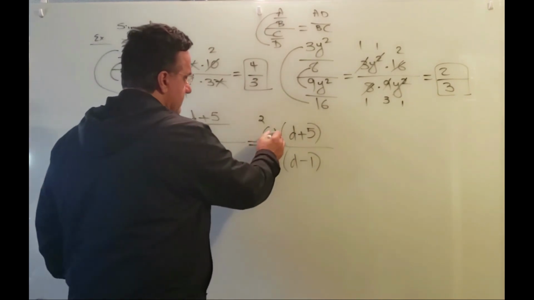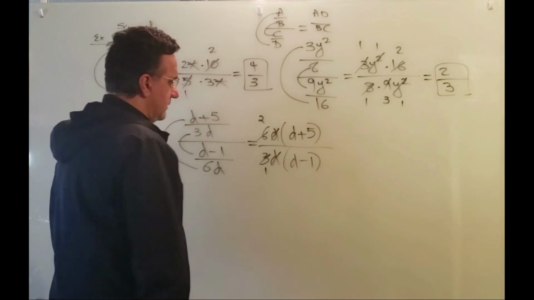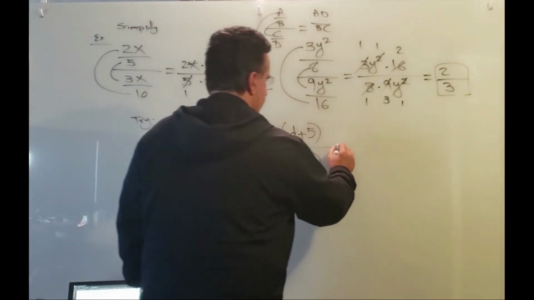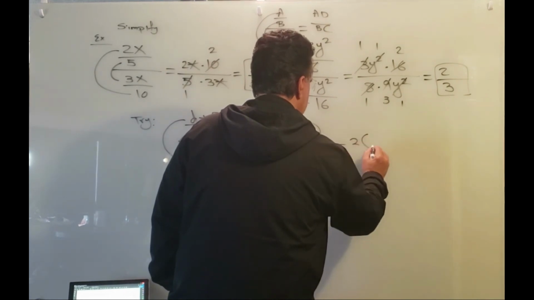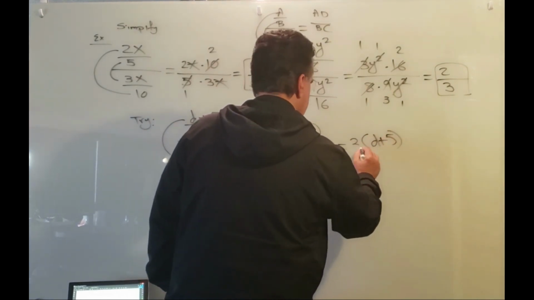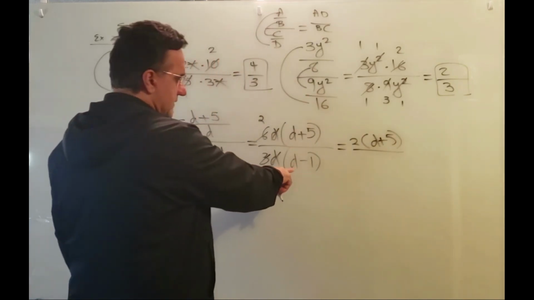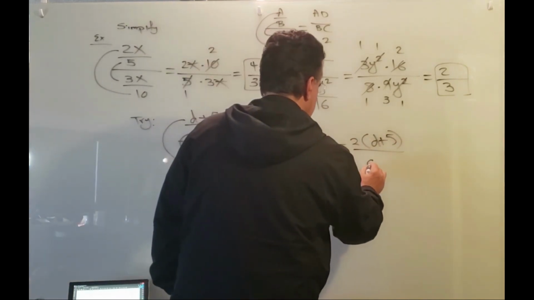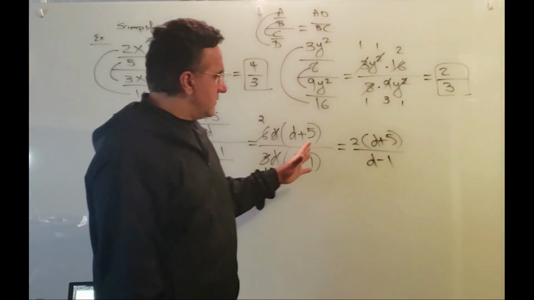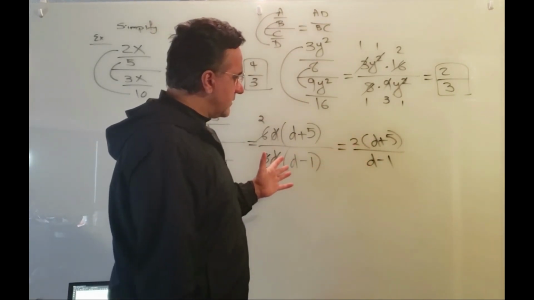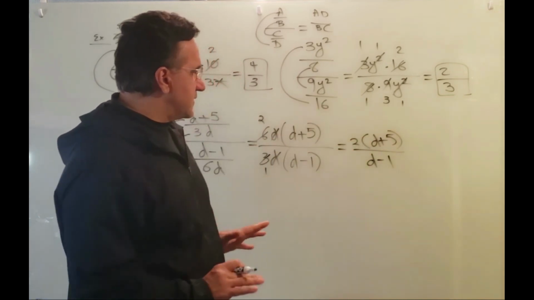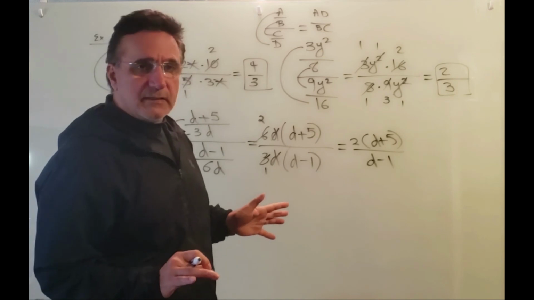These d's cancel completely, and so we're just left with 2 times d plus 5 on the top, and we're left with d minus 1 on the bottom. Now, we notice there is no more legal cross-canceling possible because that's a term, we can't cancel the d's. So that's basically the final answer.